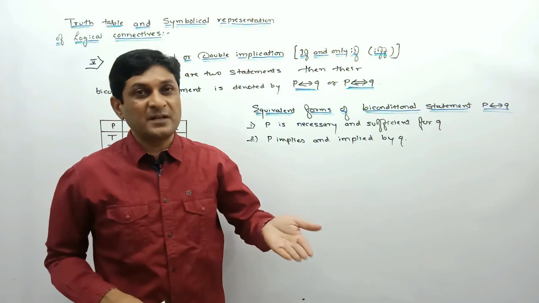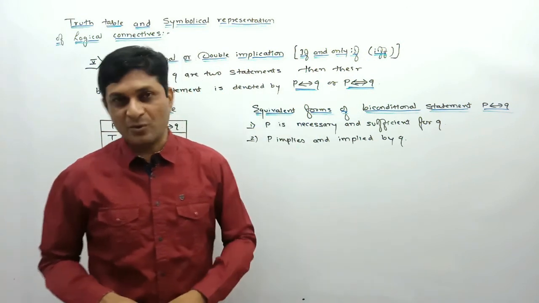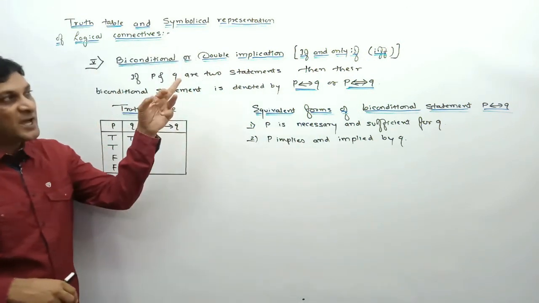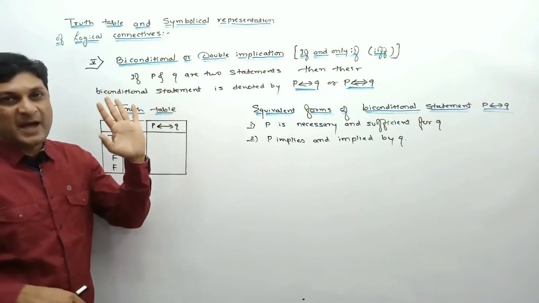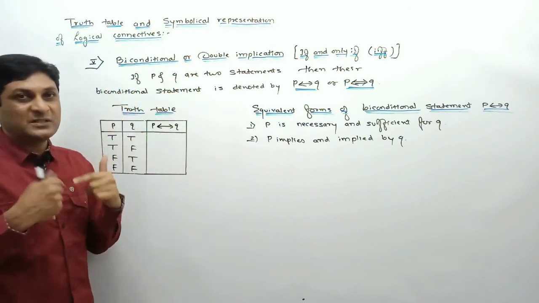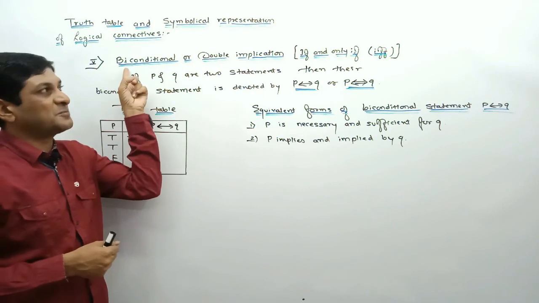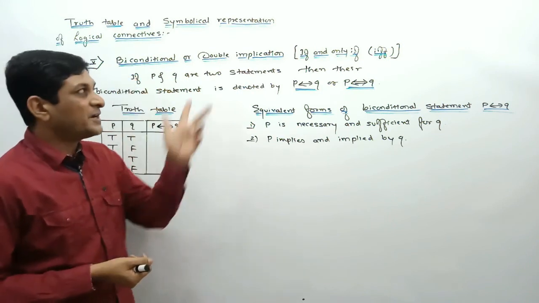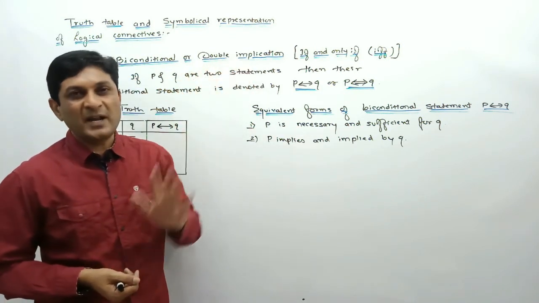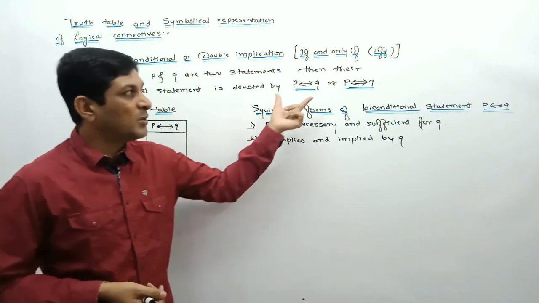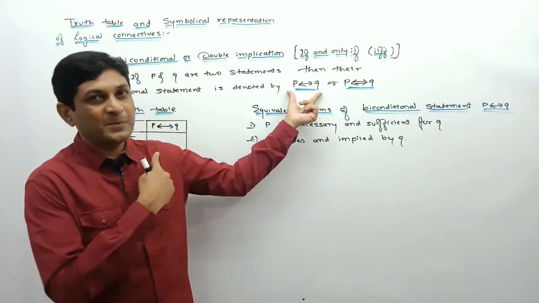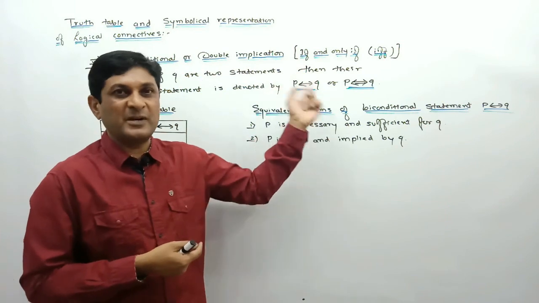IFF is the alternate notation for if and only if. If two statements are connected by if and only if, the statement you get is called a biconditional statement, or a double implication. It is called double implication because the symbolical representation of a biconditional statement is double implication.